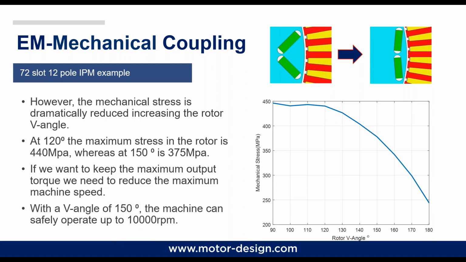So I'm not pushing to the maximum speed of 15,000 RPM. I'm reducing the maximum speed to 10,000 RPM. So basically the torque at low speed is going to be exactly the same. But in this way, I am sacrificing the output power of the machine.